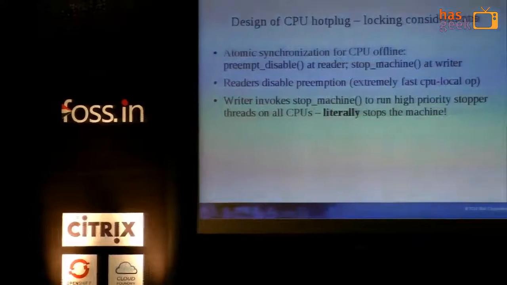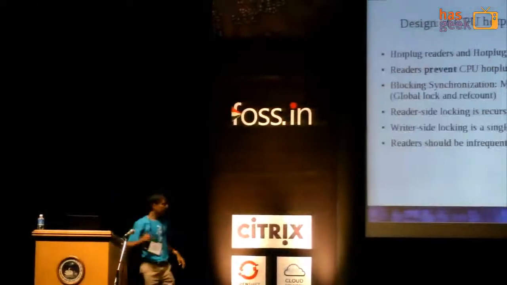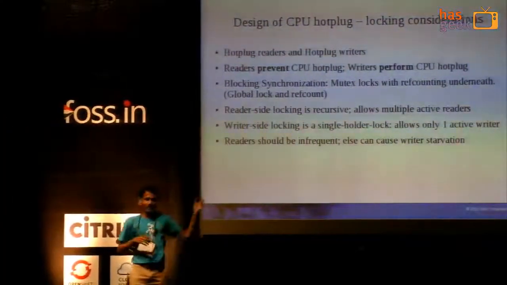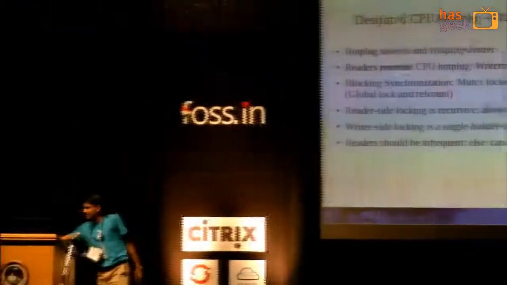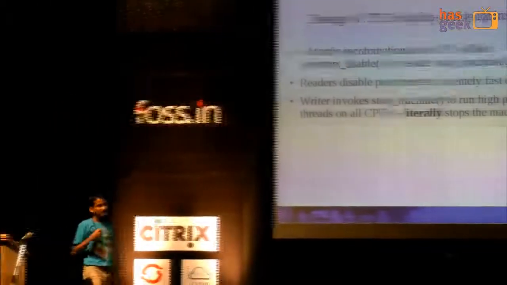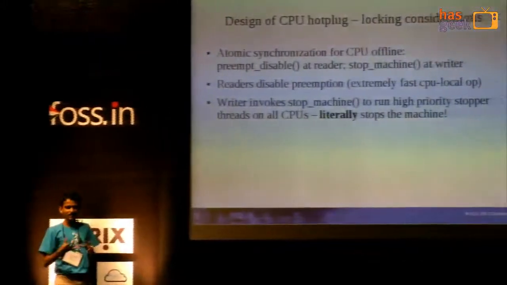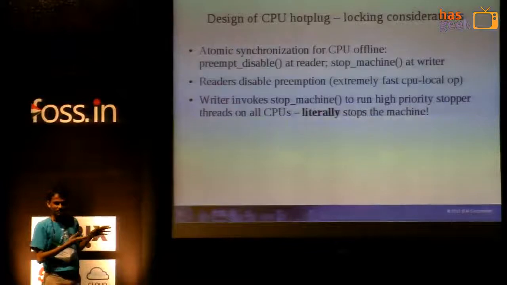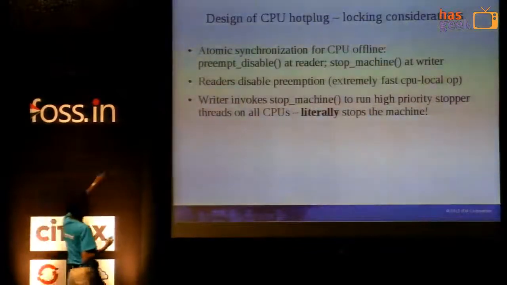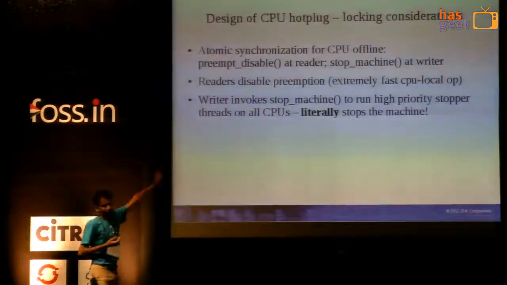As I said previously, this is blocking synchronization because you use a mutex. If the reader can sleep, he can use this method to say don't do CPU hot plug at this point in time. But what if he is an interrupt handler or something which is atomic? You cannot say, oh, I cannot do this, so let me go and sleep. I cannot block. So if you are in an atomic section, the readers can use preempt disable.